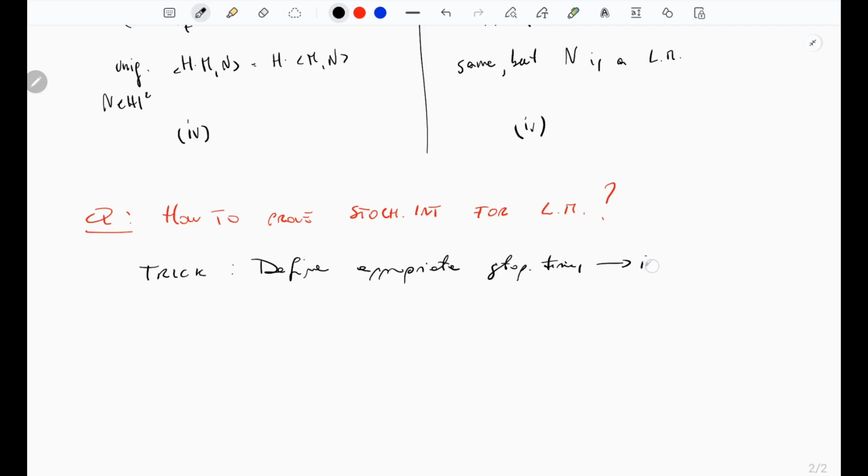Okay, so you define increasing sequences of stopping times. They need to be appropriate.